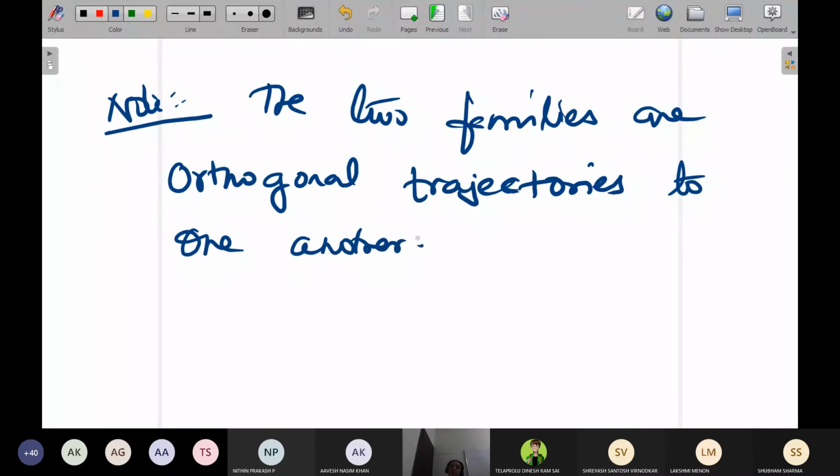Because sometimes they will give you a problem and they will ask you to show that the two curves are orthogonal trajectories. So in that case, you have to show that the product of the slopes of the two equations is equal to -1. That's more than enough.